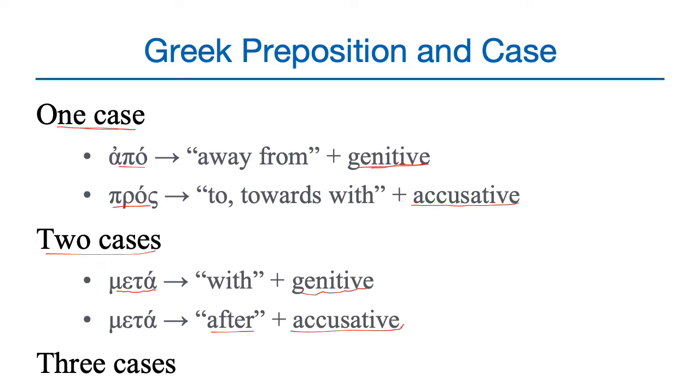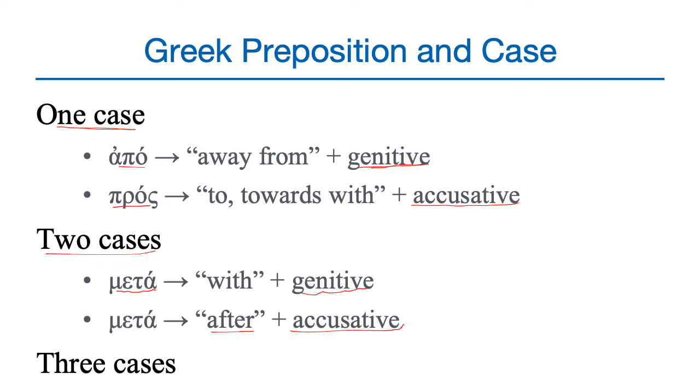In some situations, a preposition is only followed by one case, all the time. For example, apo will always be followed by a noun in the genitive. So its object will always be in the genitive. Apo means away from. Pros is a preposition meaning to, towards, or with. It will always be followed by an accusative. Its object will always be in the accusative.